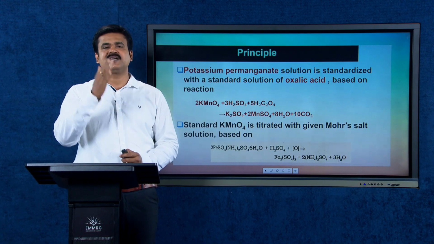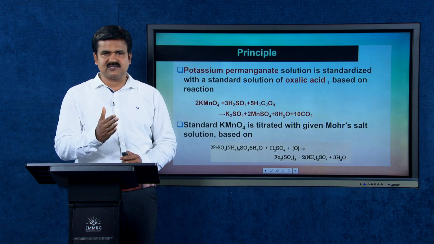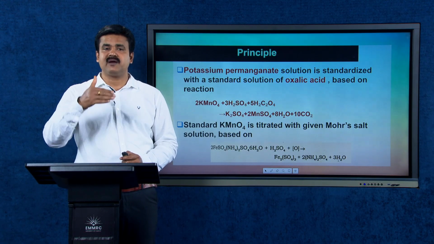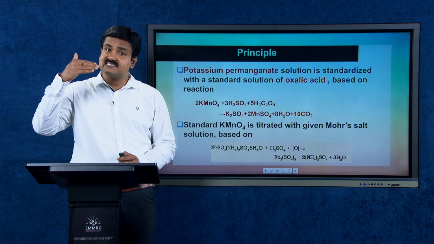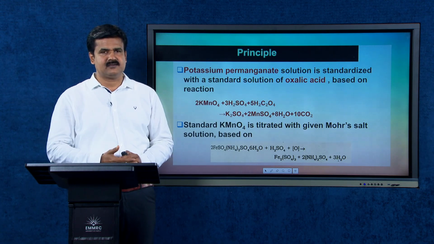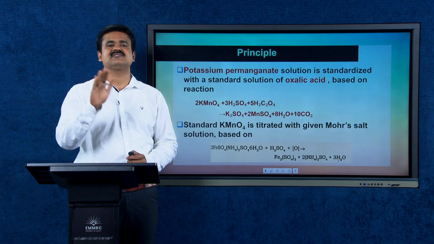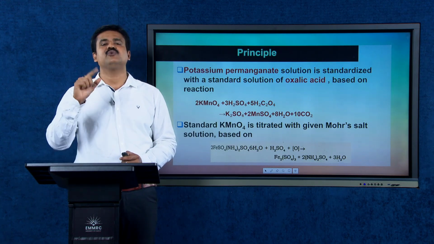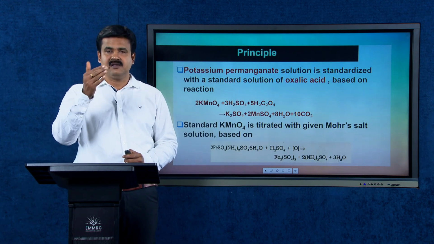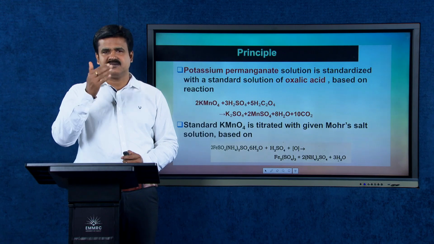So, the principle involves standardization of potassium permanganate first using a standard solution of oxalic acid. Using that standardized solution of KMnO4, you can estimate the Mohr salt given.